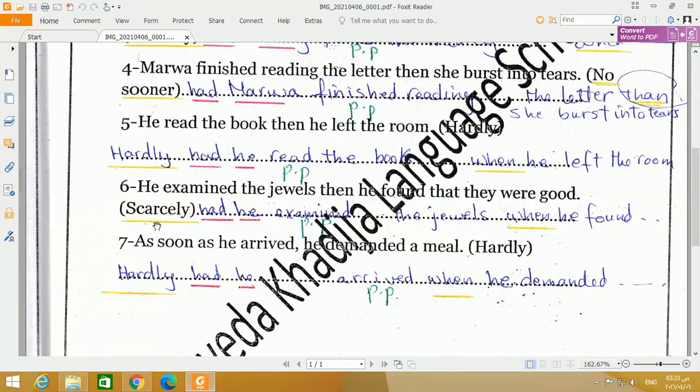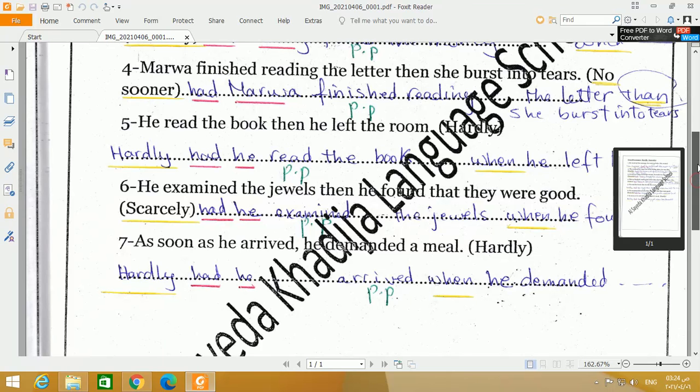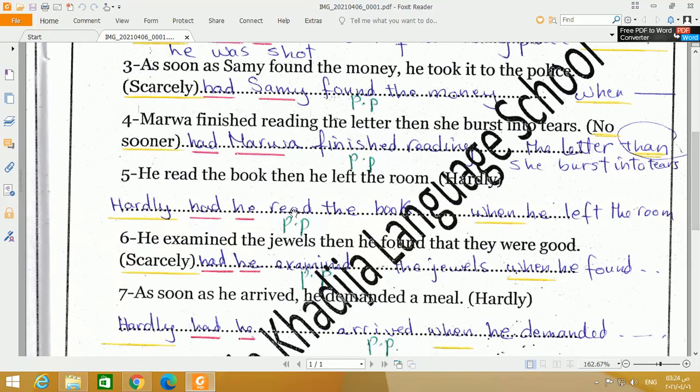So scarcely and hardly are the same. But for no sooner, we have than. I want you really to focus on these rules and keep them in your mind. Don't confuse between them.